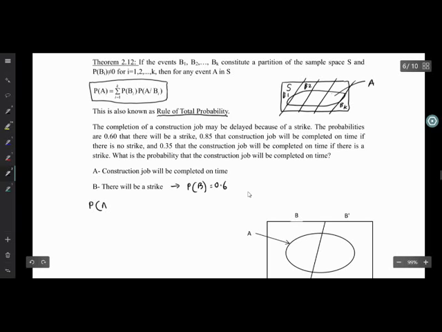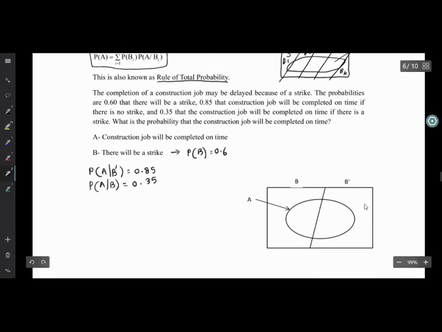So that is, the job will be completed given no strike, B complement. That is 0.85. And also it's 0.35 that the construction job will be completed if there is a strike. So that is the probability of completing the job given there is a strike. That is 0.35.